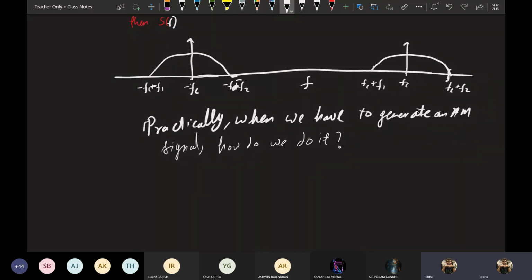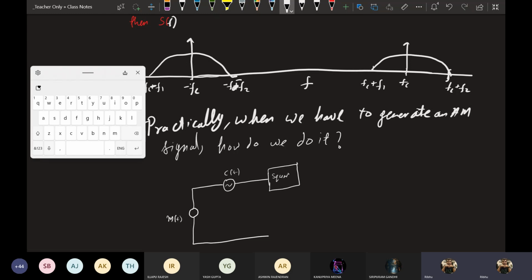something like that: we can use a circuit that looks like this. This is m(t). This is c(t). This in your book is given as a diode, but I'll write it as a square law device, because a square law device would achieve this.